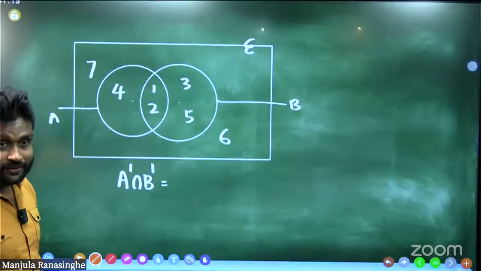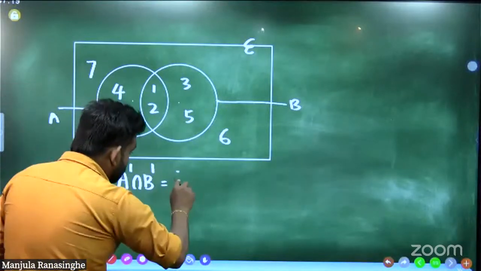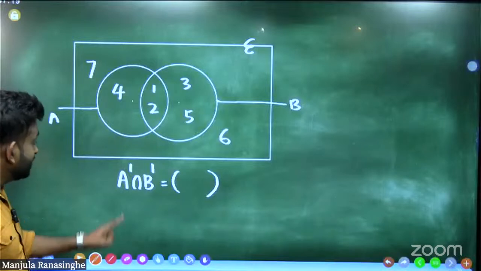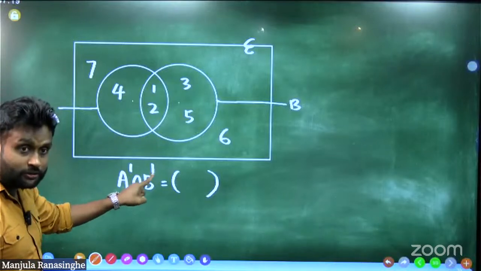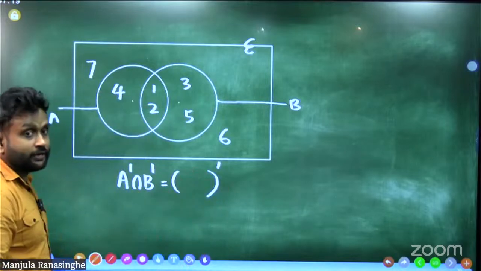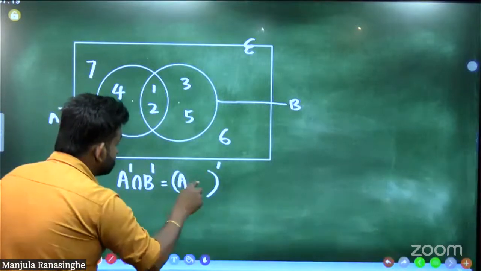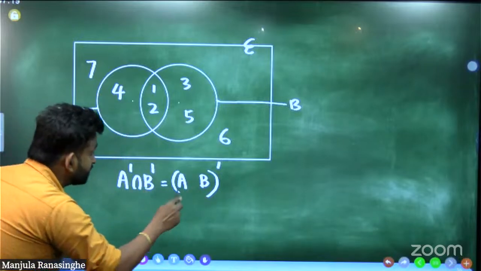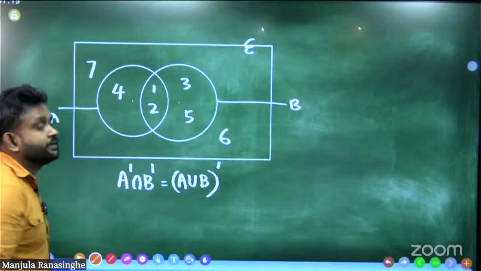Well done. So here, what I have mentioned to you, understand the concept clearly. Whenever there is dash for both, keep a bracket and put the dash outside. Then write A and B the same. Then intersection converts to union. Change the sign.